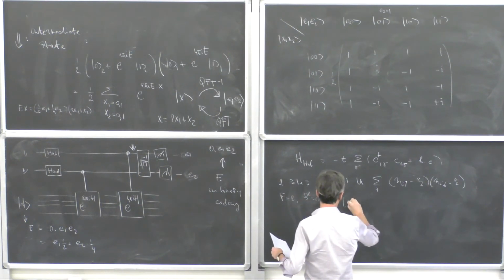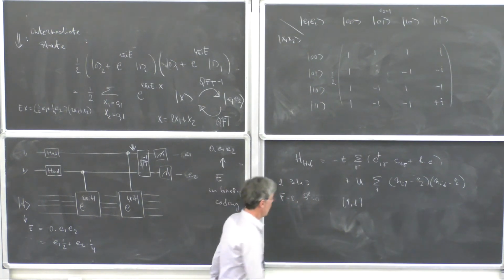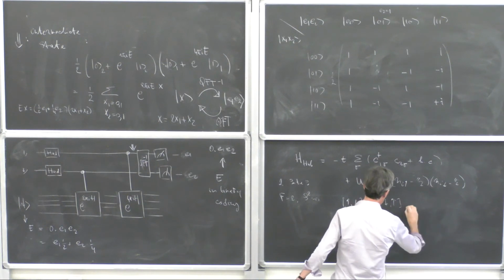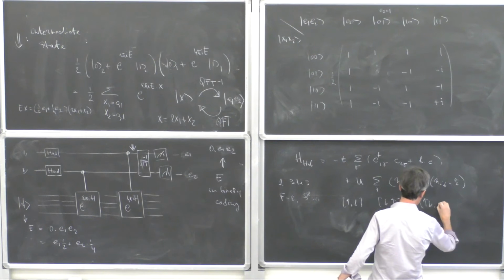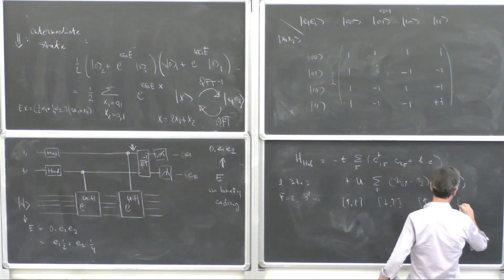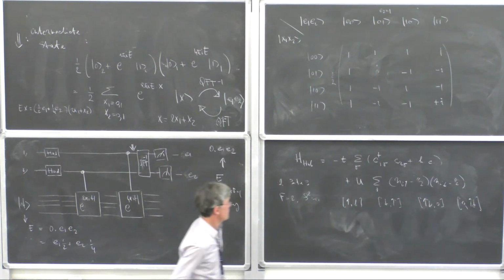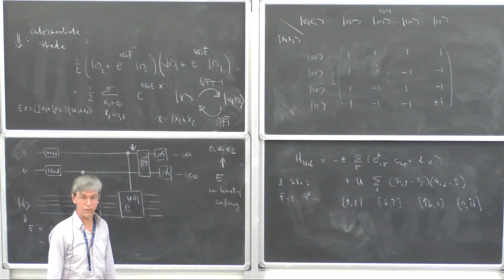There would be up, down, meaning site 1, site 2. I can do down, up. I can do both particles on the left site and an empty right site, or I can do this, right? So there are 4 states, and that's nice because now I can use 2 qubits to represent my little problem.